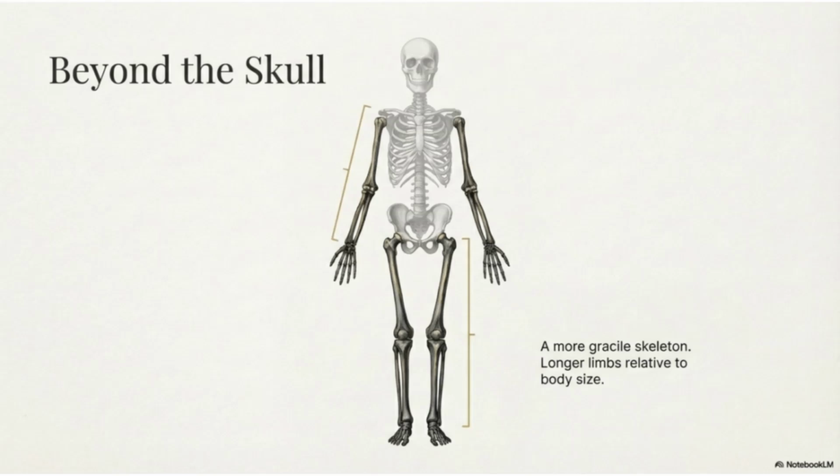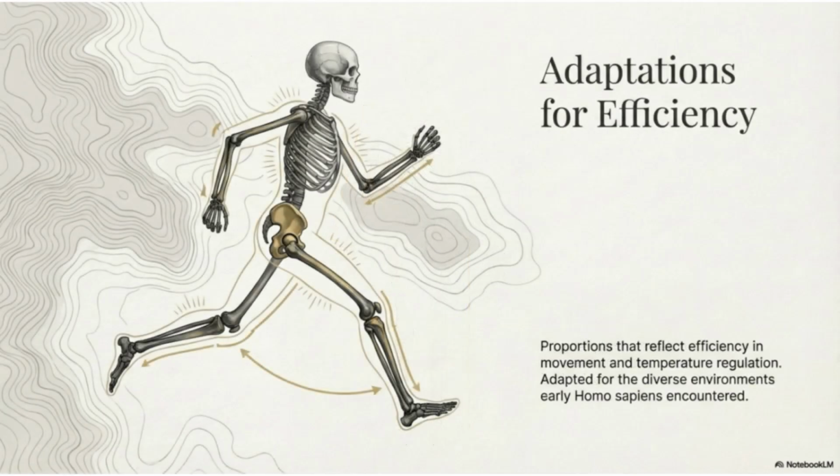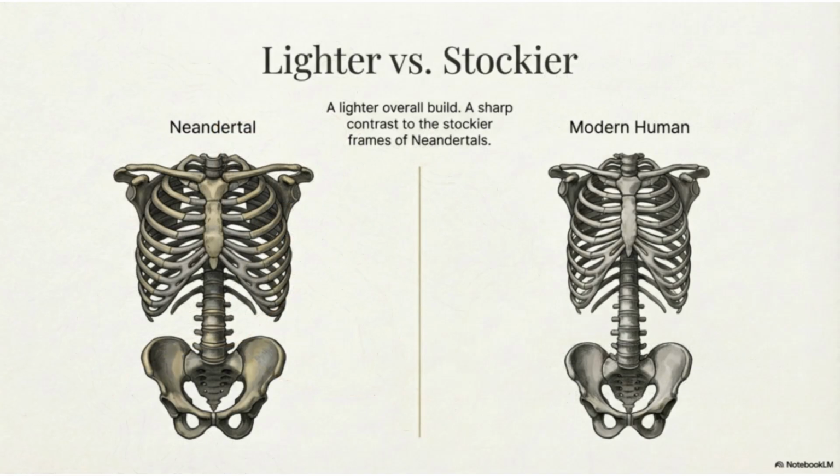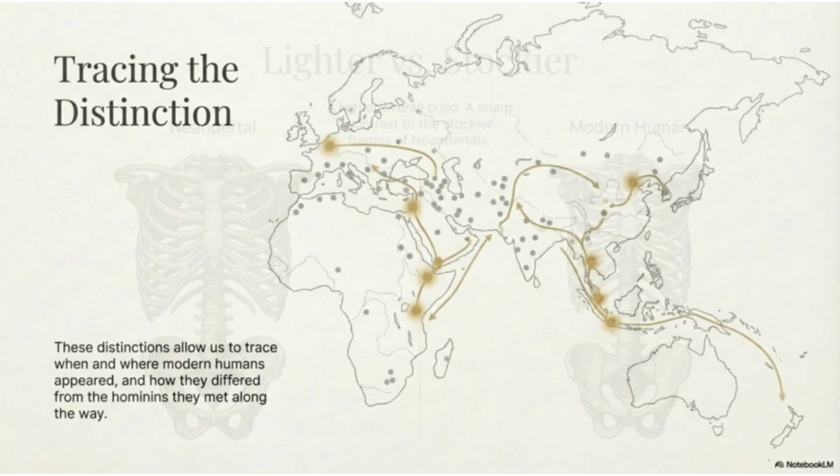Early modern humans have a more gracile skeleton, with longer limbs relative to body size. These proportions aren't random. They reflect adaptations for efficiency in movement and temperature regulation, especially in the diverse environments early Homo sapiens encountered. The postcranial skeleton also shows a lighter build overall, which contrasts with the stockier frames of Neanderthals. You might wonder why these distinctions matter so much.